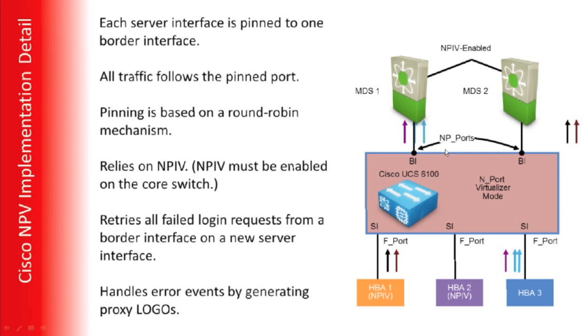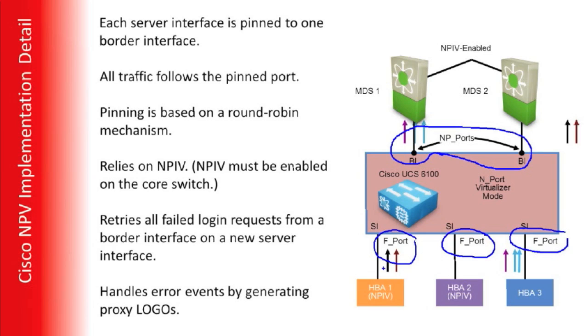Remember, those N proxy virtualization uplink ports are here on the fabric interconnect. These F ports are down here on the server blades. And then for the consumption of the storage area data, we have these HBAs, the fiber channel host bus adapters.